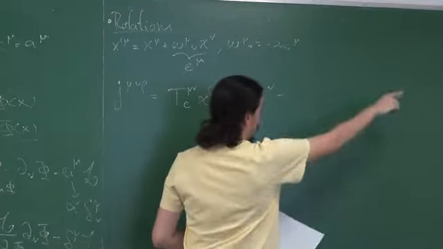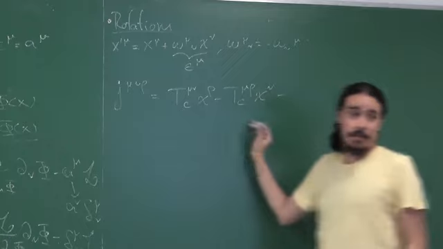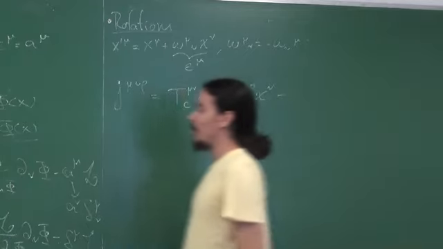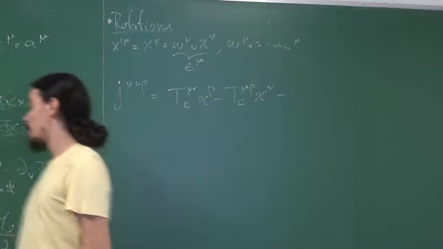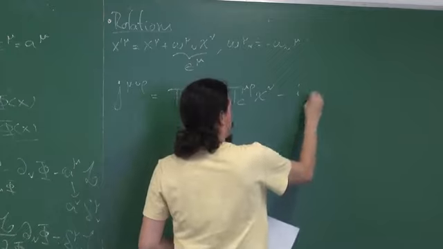And we have an internal part. If your field is a scalar, then it stops here, of course, because the field has spin 0. But in general, you have a contribution here.